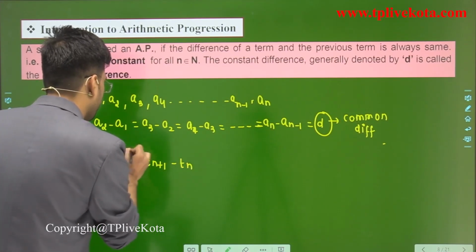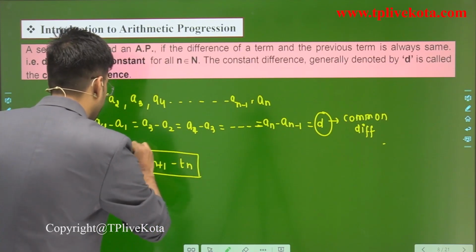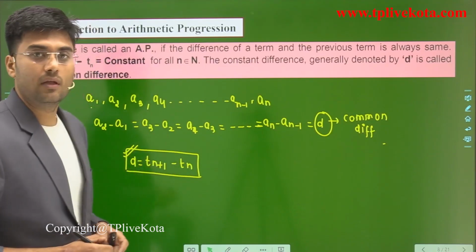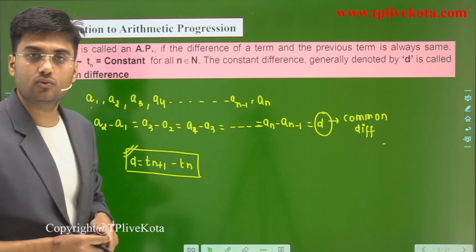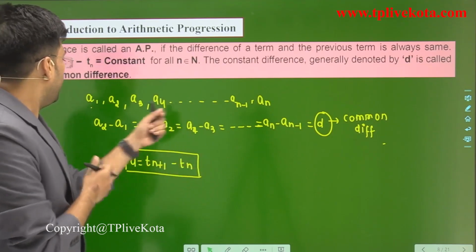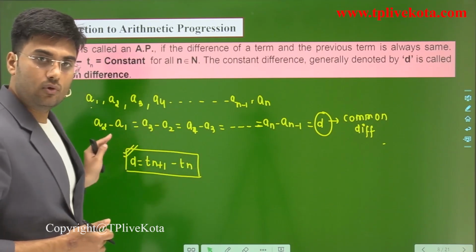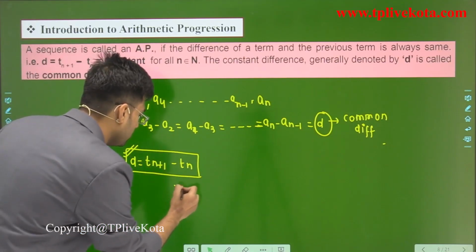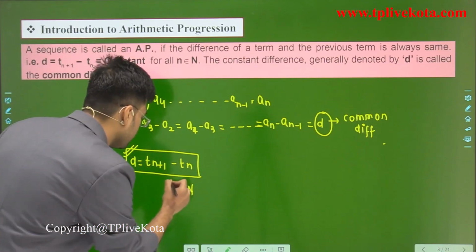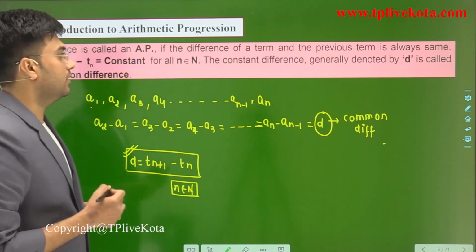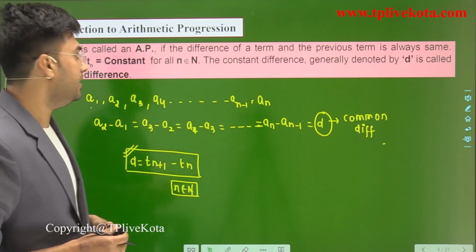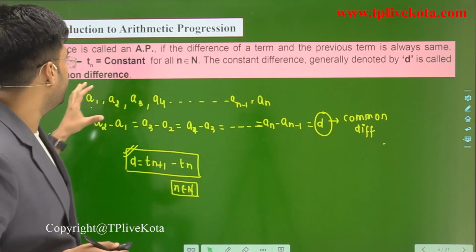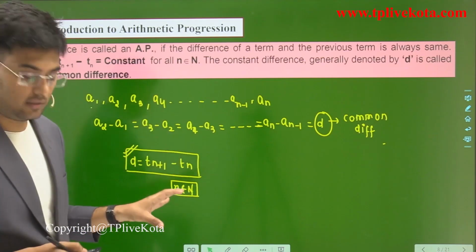This is a very important formula, students, because we use it to solve questions. Sometimes it is very beneficial in solving questions, and this is always constant throughout the AP for all natural numbers, where n belongs to natural numbers. Clear? The constant difference is generally denoted by d, and this is the common difference. So this is the introduction of arithmetic progression.